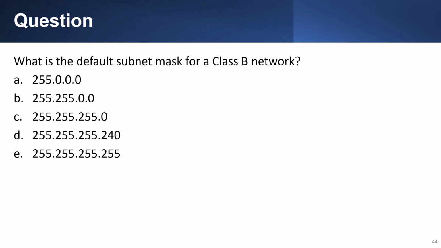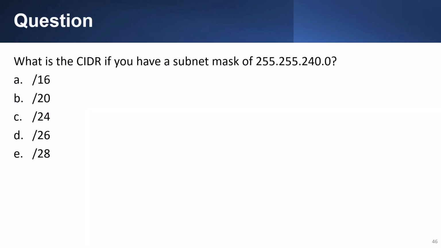Question: what is the default subnet mask for a Class B network? Answer: 255.255.0.0. Question: what is the CIDR notation if you have a subnet mask of 255.255.240.0?